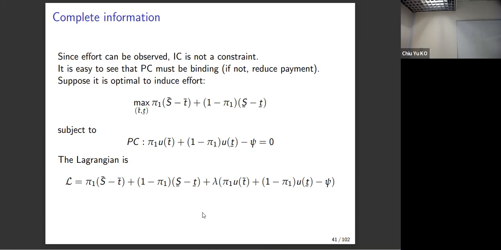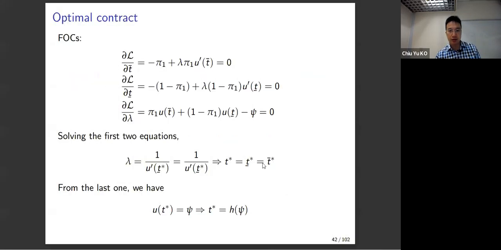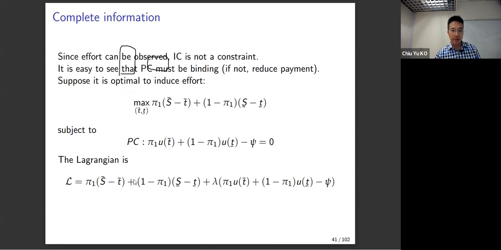Okay, the idea is look at the Lagrangian, why this is true. If you increase the payment for good outcome, right, you would reduce this money, because you pay more dollars, right? Your payoff is less.